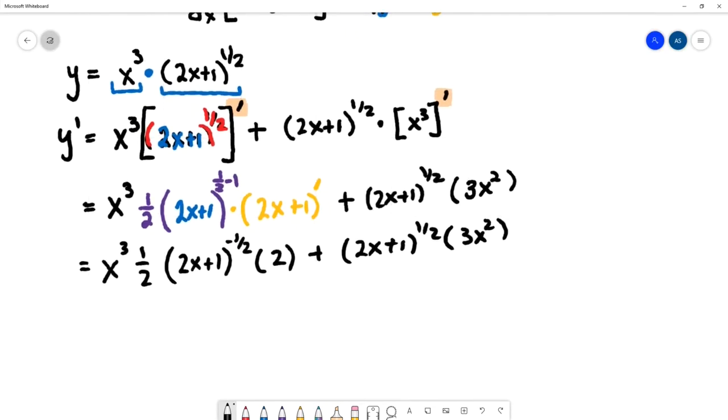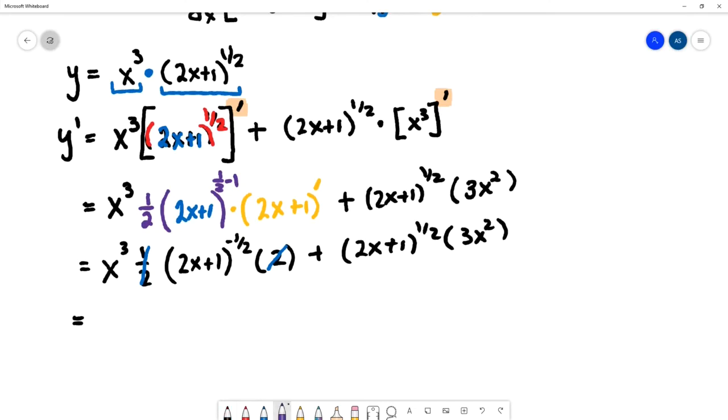So at this point, we have calculated the derivative. It's a little bit messy, so I'm going to use some algebra to clean it up. I notice that I have a 1/2 and a 2 that will cancel each other out because 1/2 times 2 is 1. And let's see, I can do a little bit of factoring here.